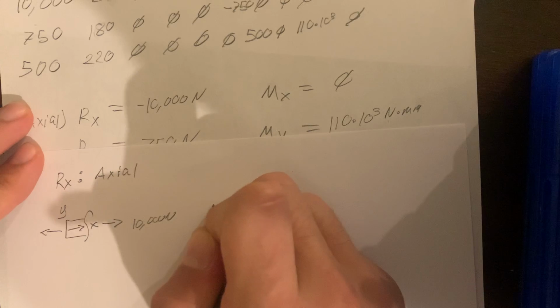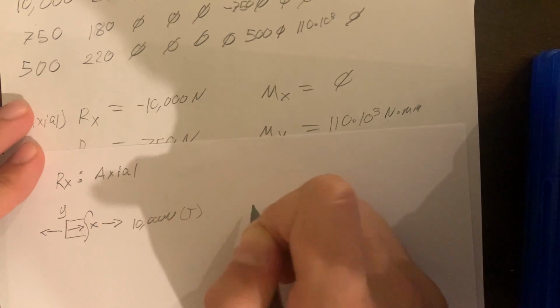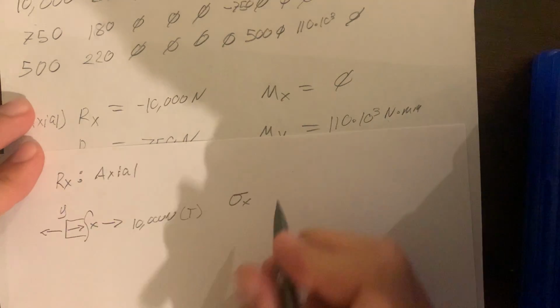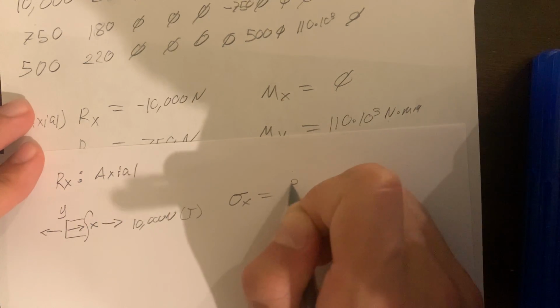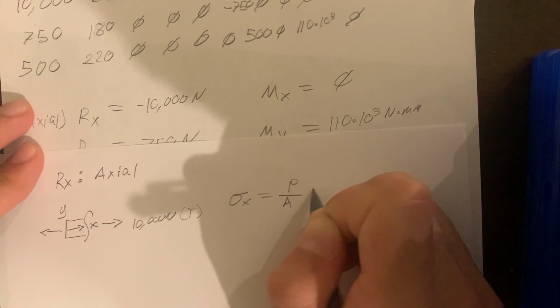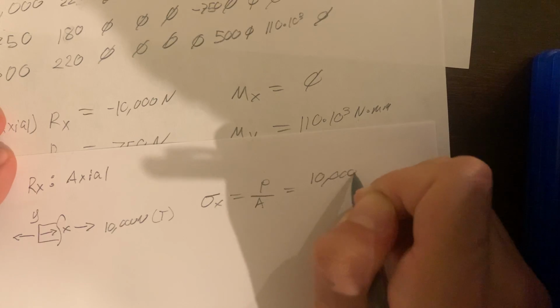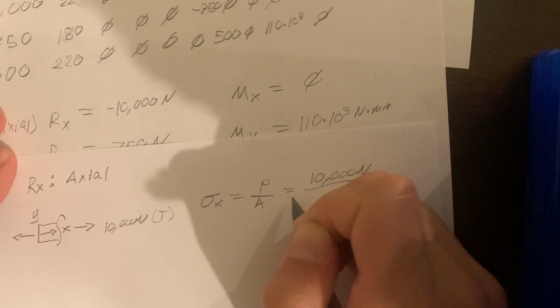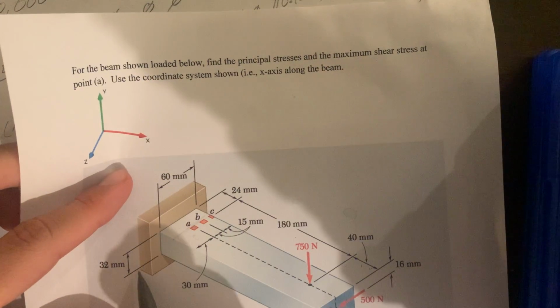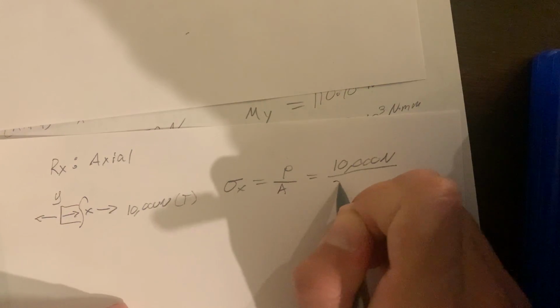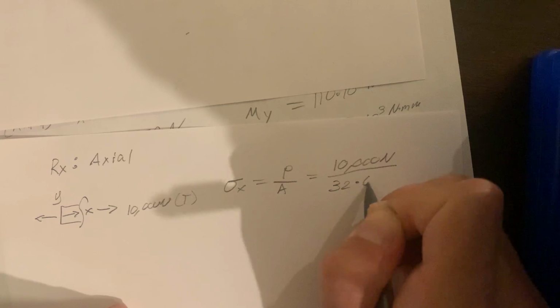And because it's in tension, so I'll just write T over here, we know that sigma X, because it's acting in the X direction, is going to be equal to P over A, and that's going to be equal to 10,000 newtons over, now what is the area? The area, we can get that from right over here. It's going to be 32 by 60. So it'd be 32 times 60.